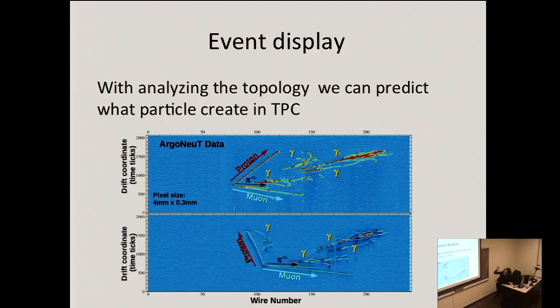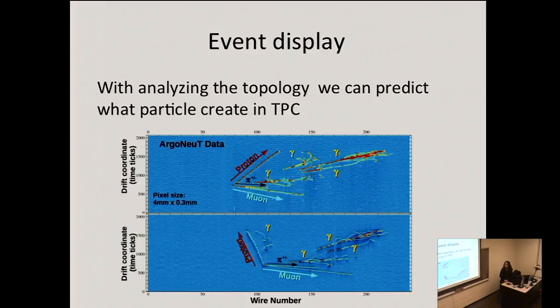Y shows the drift time and X is the wire number. By increasing the drift time, you see the charge on different wire numbers, so it gives us an idea of where the charge is and when it was produced inside the detector, from both planes.